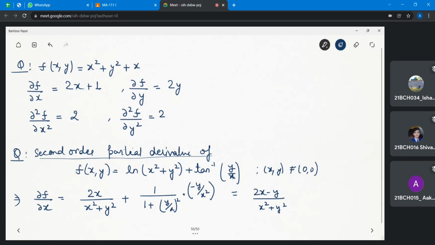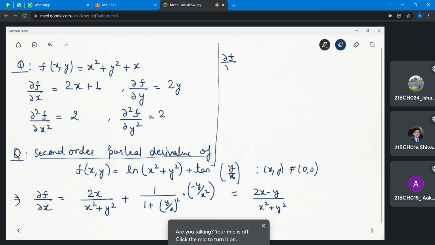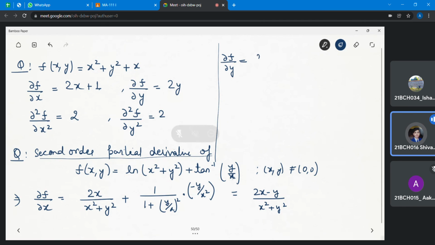Simplify कर सकते हैं. Similarly, if I calculate, यहीं पर करती हूँ, if I calculate the partial derivative of f with respect to y, again this will be 2y upon x square plus y square plus 1 upon 1 plus (y by x) whole square into, now what will be this?